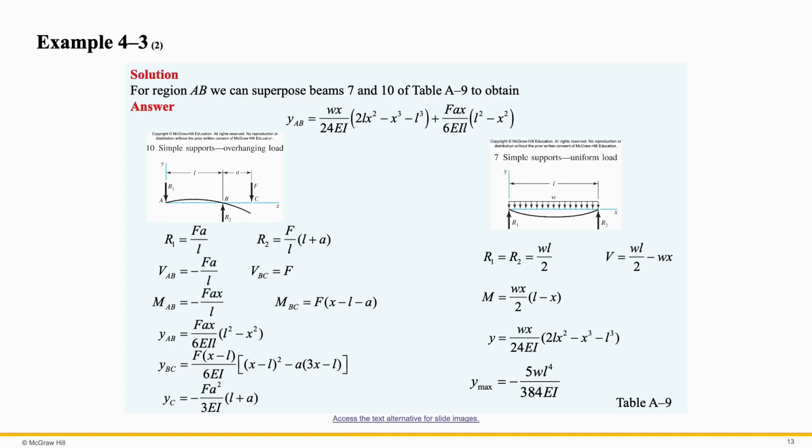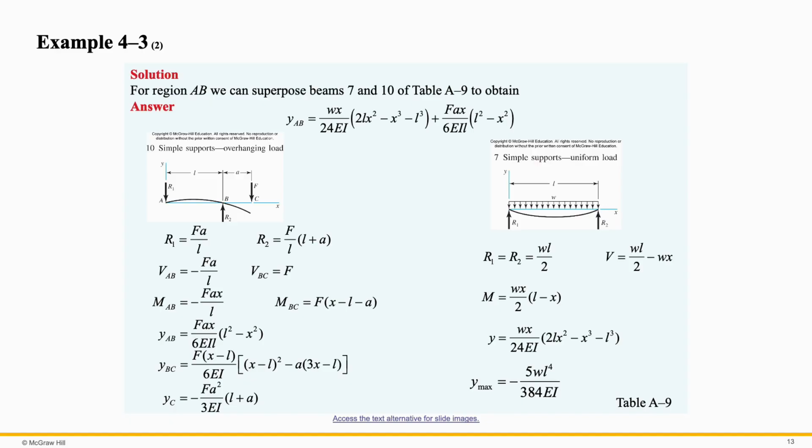Now let's analyze the impact of this distributed loading. We determine the support reactions and construct the moment function. After constructing the moment function, we can easily determine the deflection equation for this distributed loading. And we know that the maximum deflection occurs at the midspan of this section.